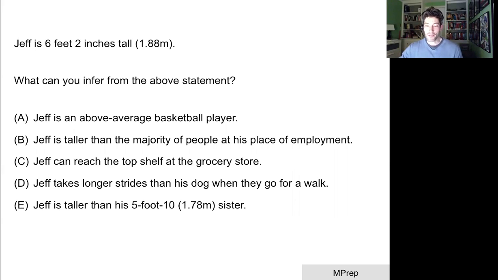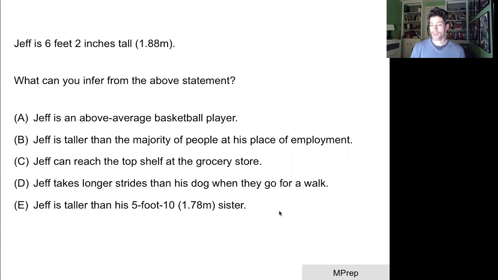And this is pretty much exactly what JD stated. Jeff is taller than 6 feet. Jeff is taller than 5'10". And it sticks out as being really obvious. Now, all of the inference questions on the GMAT aren't this obvious, but all of the right answers to inference questions on the GMAT are this true, okay? And that's the big takeaway for right now.